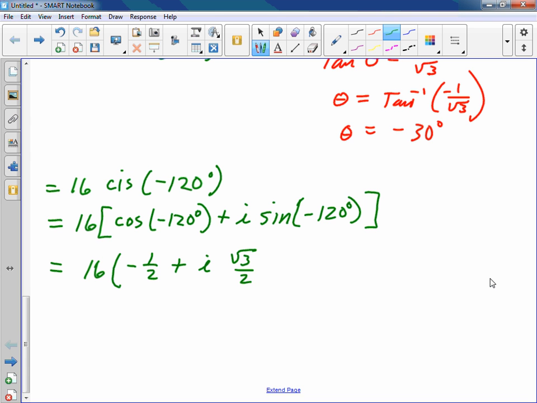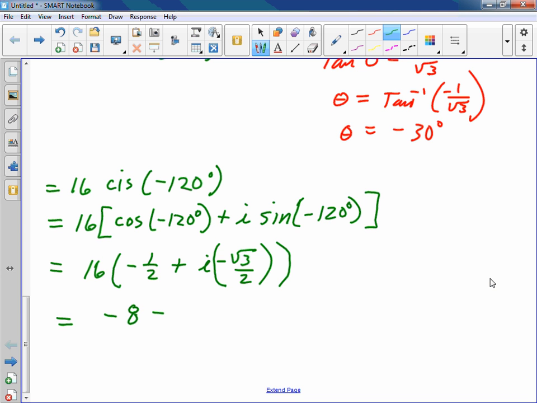In this case, because negative 120 is in quadrant 3, we would say the negative square root of 3 over 2. Quadrant 3, they're both negative. I'm going to use parentheses just because I like to.